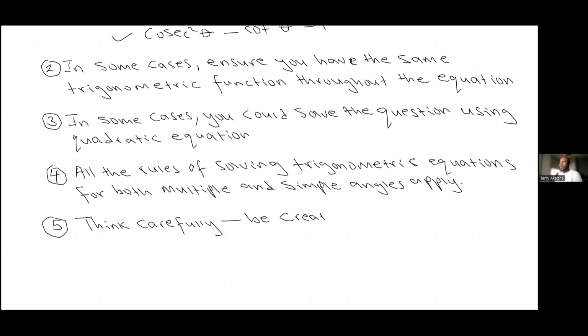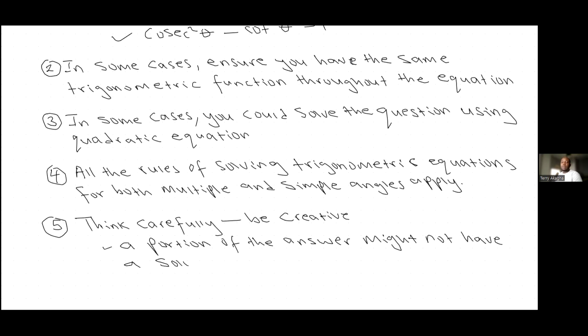What you need to know is that a portion of the answer might not have a solution. And sometimes as well, you can solve in either degrees or radians.